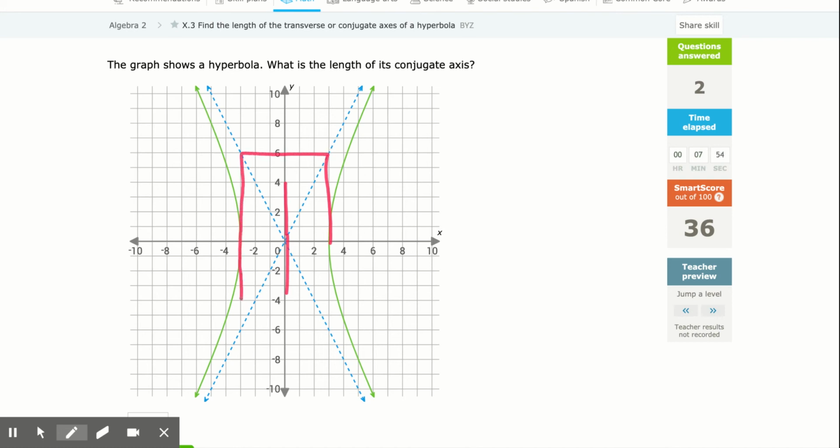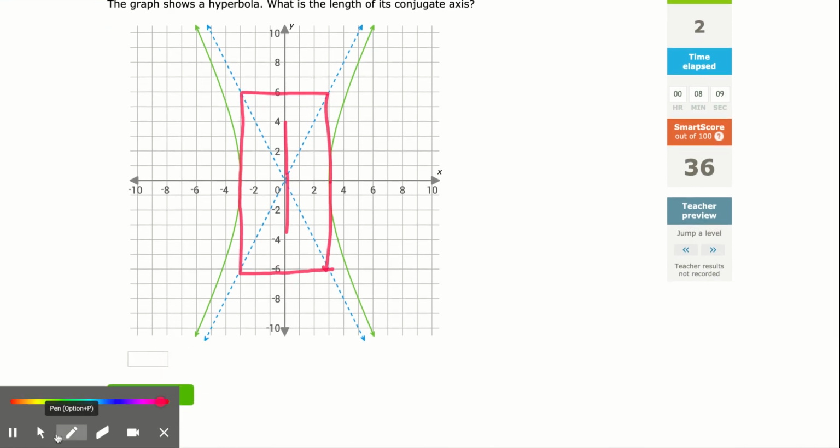And in a later lesson, we will be talking about how to come up with the equations of those asymptote lines. And they're not very hard. They're linear equations. But the conjugate axis goes up to 6 and down to -6. So our conjugate axis length would be 12.